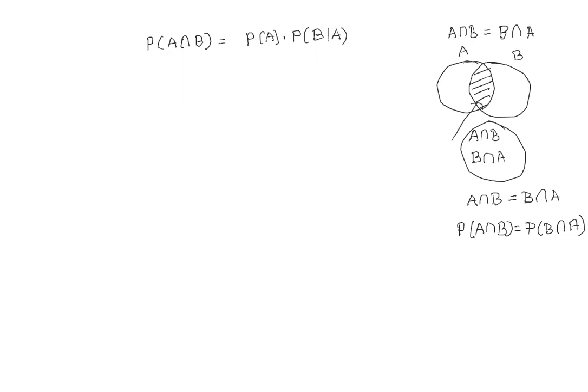Now, which is to say that I could put it as these two things are going to be equal. Probability of B intersection A is probability of B times the probability of A, given that B has already happened.